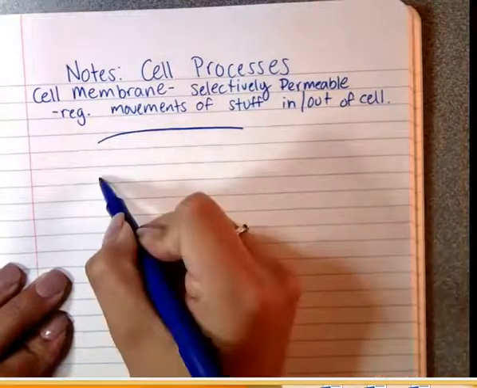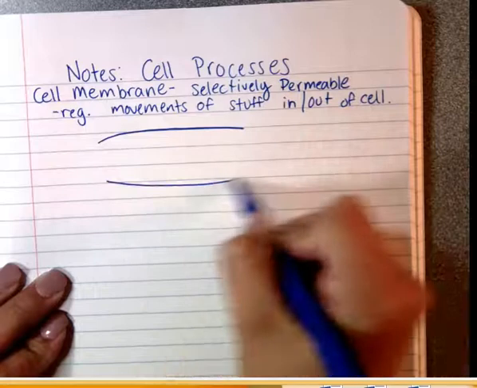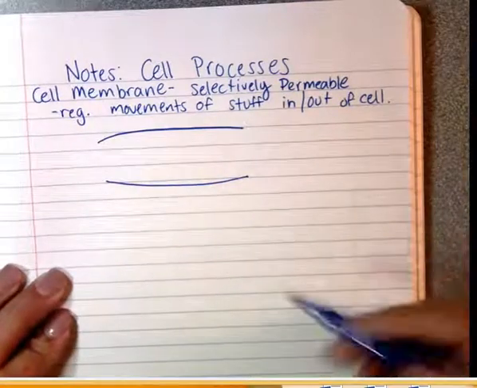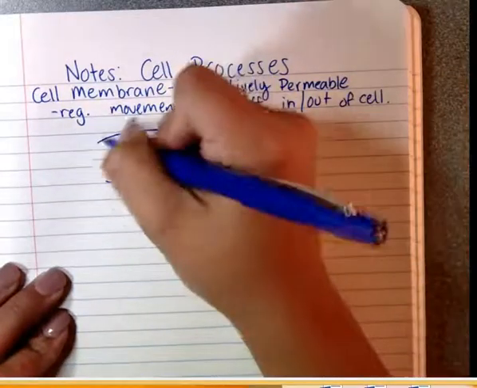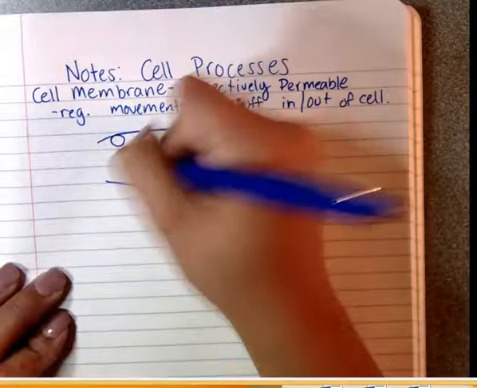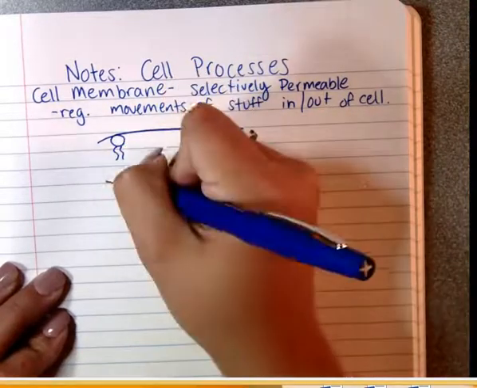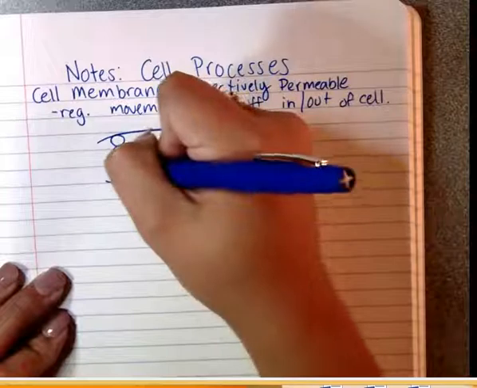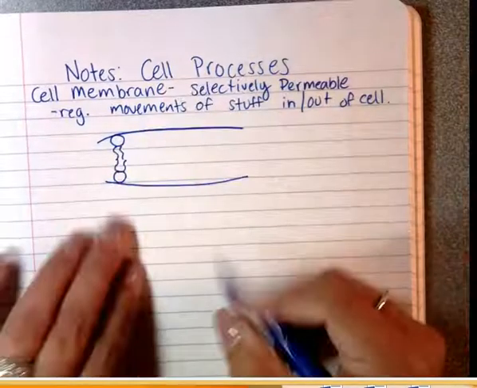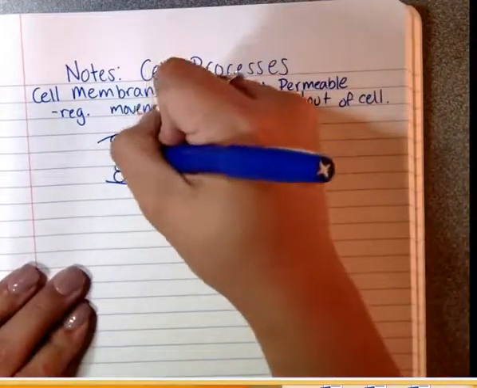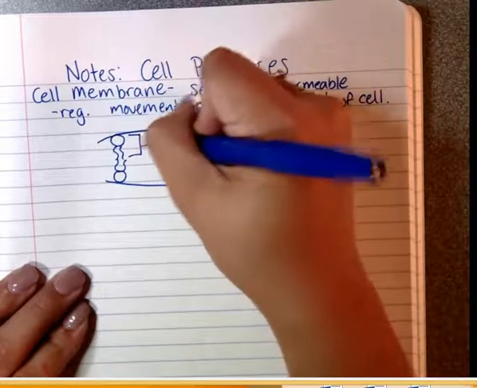This cell membrane has very unique characteristics. I'm going to do a really rough sketch of a zoomed in version of the cell membrane. The cell membrane is made of these funny looking structures, and these are known as phospholipids.